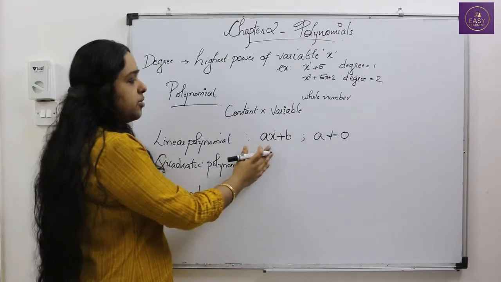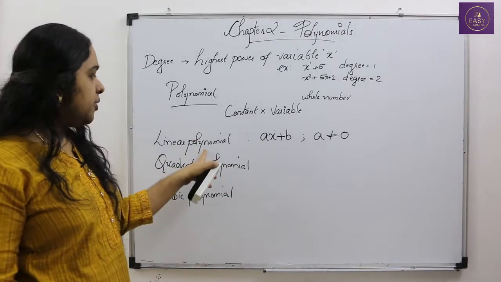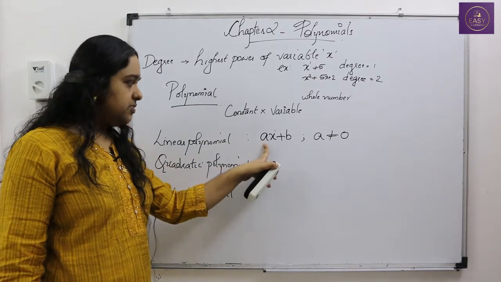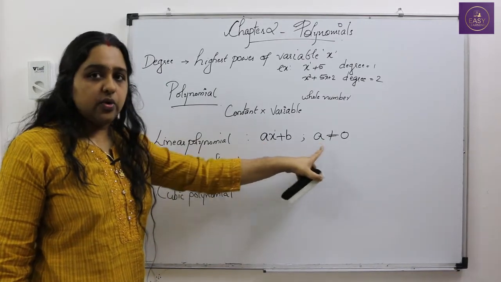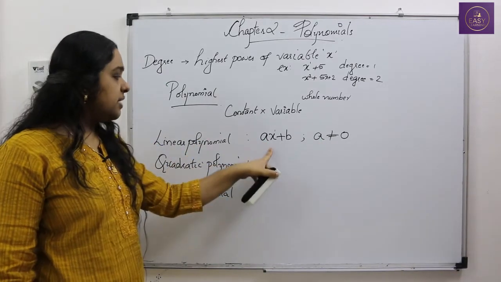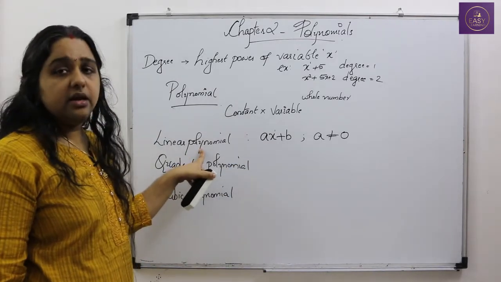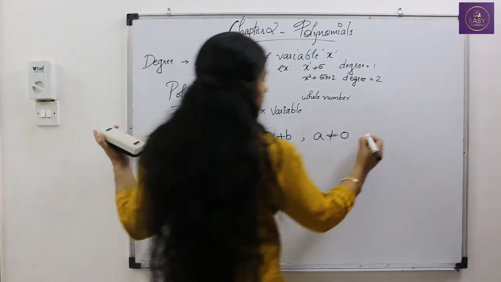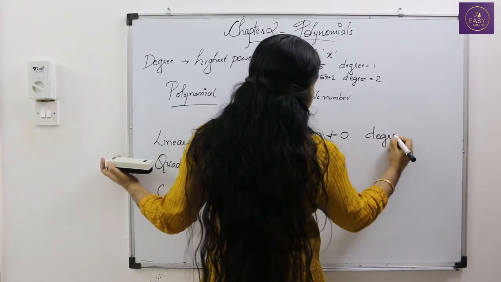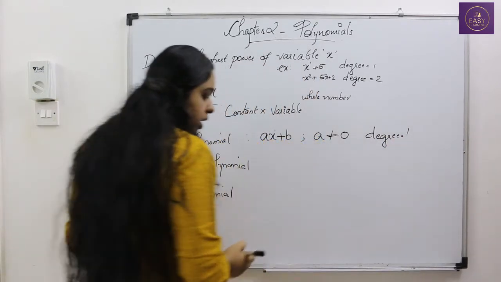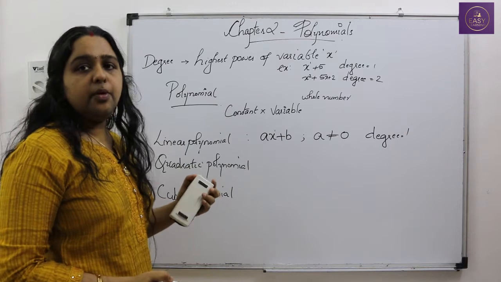This is a general form of a linear polynomial. Linear polynomial is of the form ax plus b, where a not equal to 0. Polynomials with degree 1 are called linear polynomial.